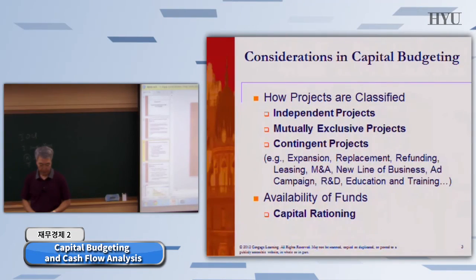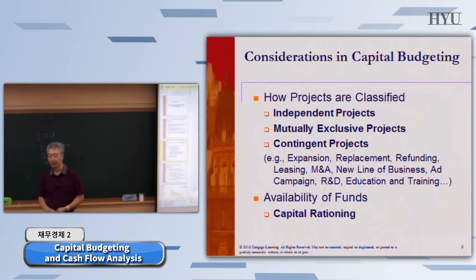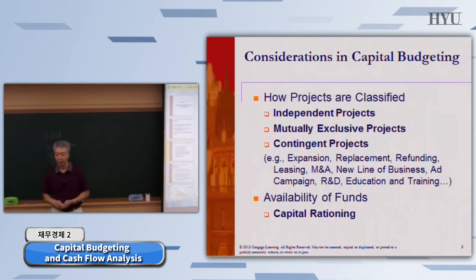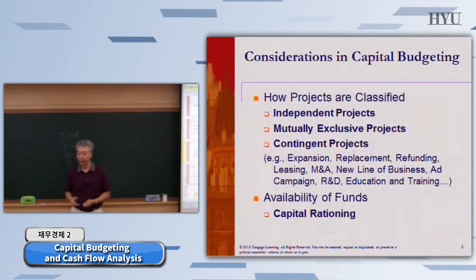Contingent project, something like installing some filtering equipment. Let's say you are trying to build a new plant, right? But if you want to build a new plant, then because of the environmental regulation, you have to also do some other project, like installing the filtering equipment before you release water into the river, right? You have to clean up the water, right?